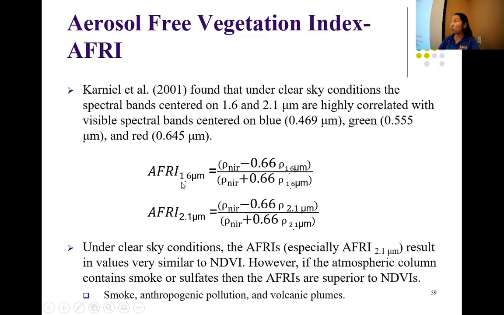One form uses 1.6 to replace the red band, so you derive this equation over here. It looks pretty much like NDVI, but replaces the red band with the 1.6 μm band. And the other one replaces the red band with, oh no, with the 2.1 μm band.